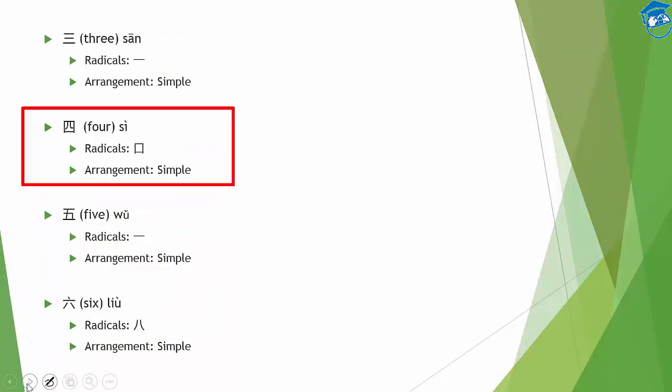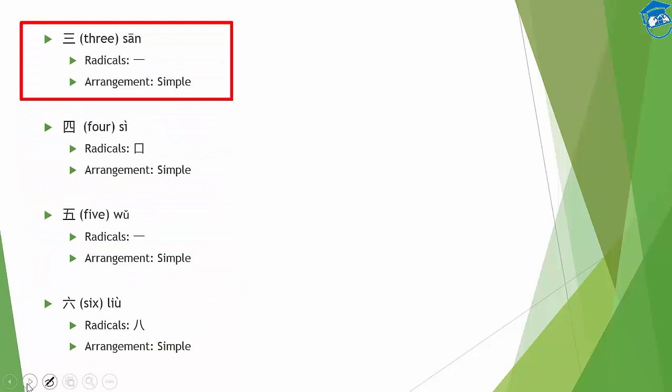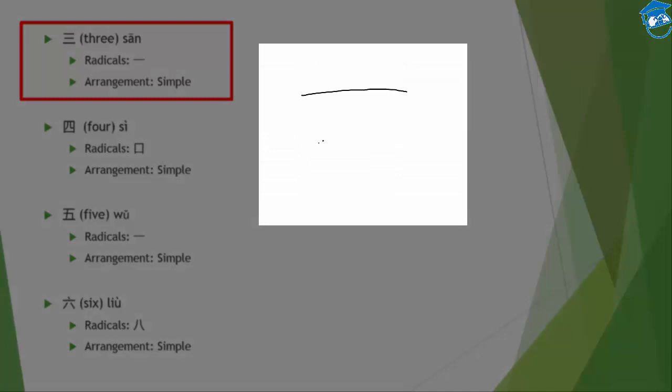The next one, 3 to 6. So 3 is 三. Okay, as you can see, there are just 3 strokes, and the radical is just one horizontal stroke, and the arrangement is simple. So 三, 3 strokes. 1, 2, 3.